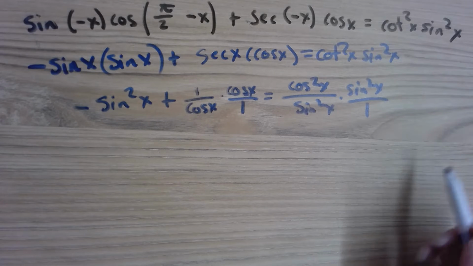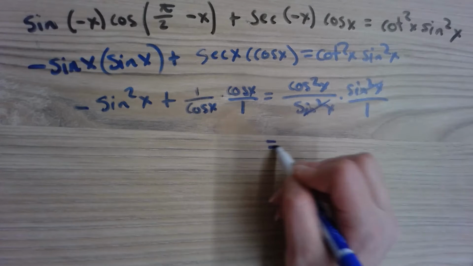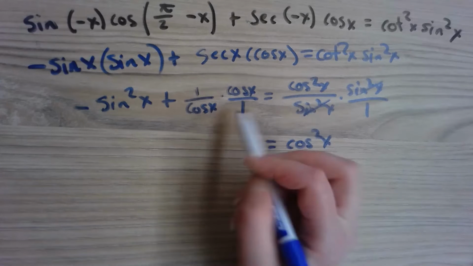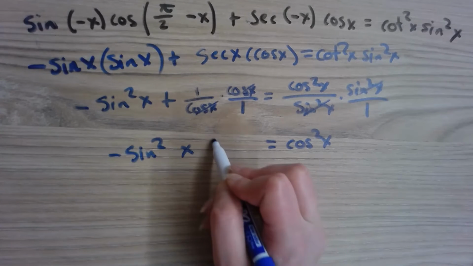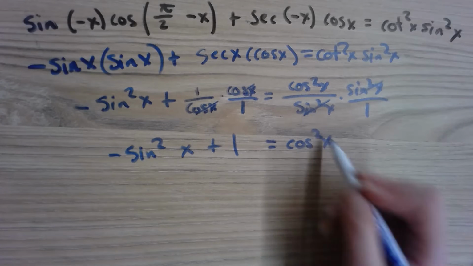Those are going to simplify out, equals cosine squared x. Over here I get negative sine squared x plus 1 equals cosine squared x.